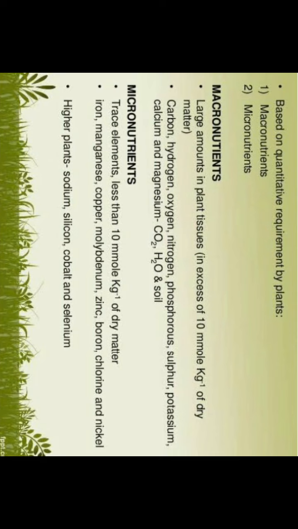These include iron, manganese, copper, cobalt, and zinc, boron, chlorine, nickel, molybdenum, etc. In addition to these 17 elements named above, there are some beneficial elements such as sodium, silicon, cobalt, and selenium. They are also required by higher plants.